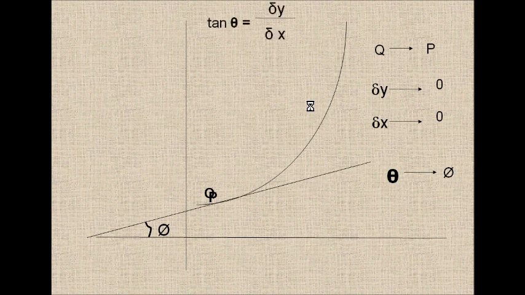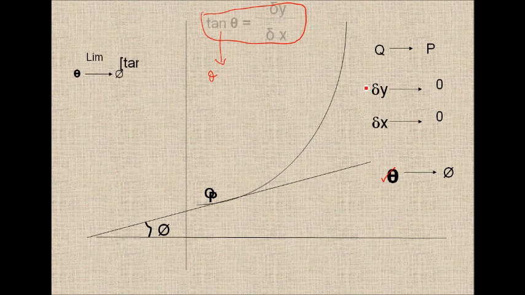So in order to apply the limits on both sides of this equation: this side of the equation has theta, therefore we will apply the limit on this side, that is limit theta tending to phi of tan theta, because theta is the variable on this side.